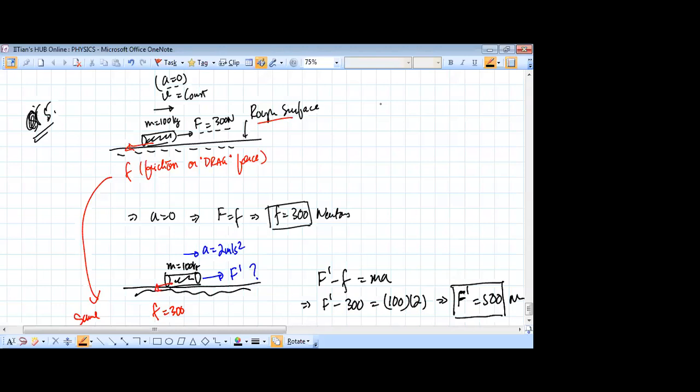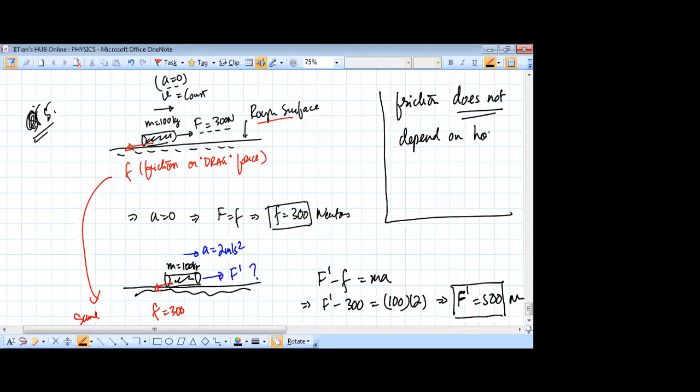Yeah, friction remains the same because friction depends... We will study this at a later stage, but friction does not depend on the horizontal acceleration here. Okay.